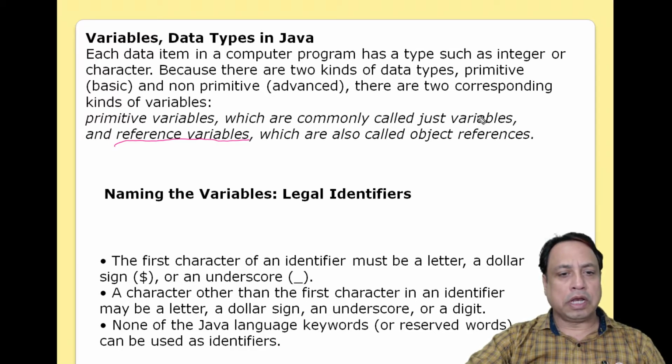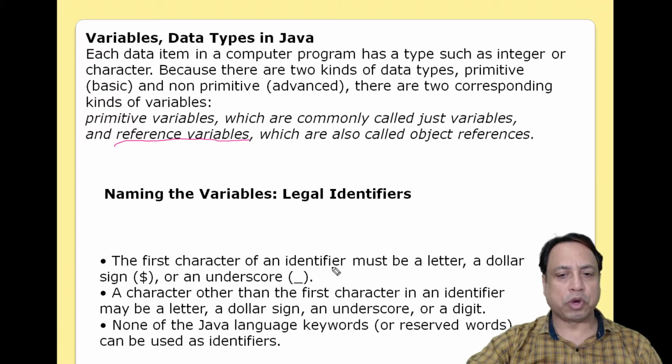There is some naming convention when it comes to using variables. There are some legal identifiers. The rules for using identifiers in Java are basically like this. The first character of an identifier can be a letter, a dollar sign, or an underscore.